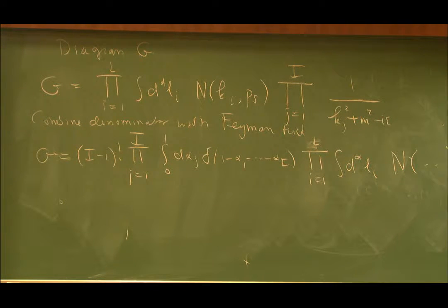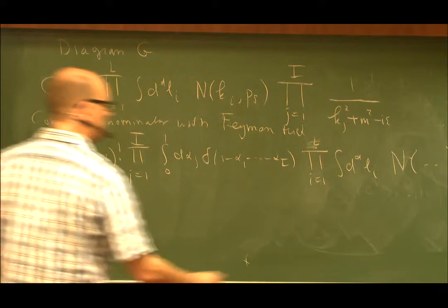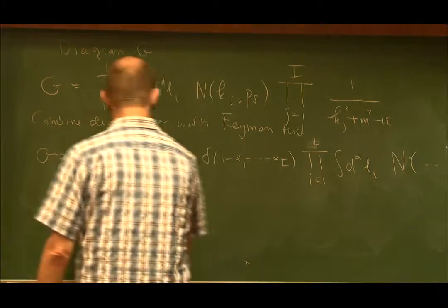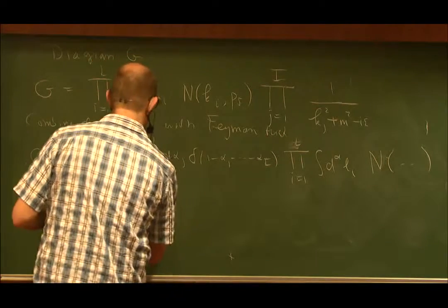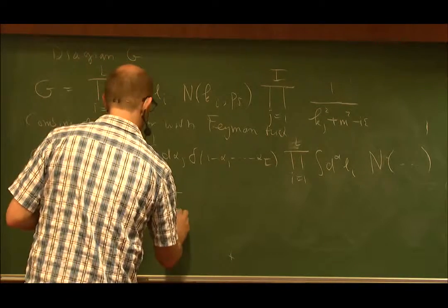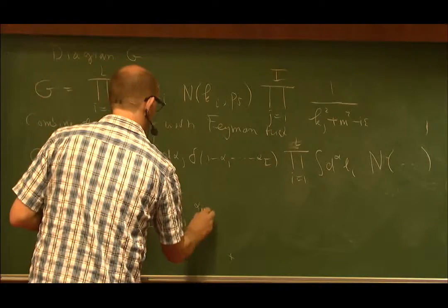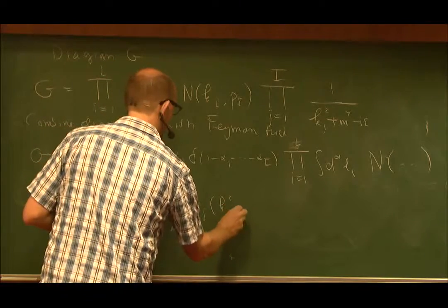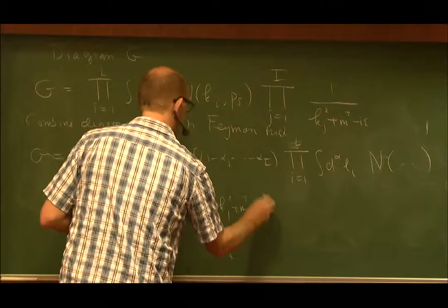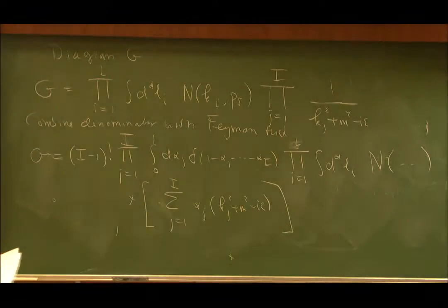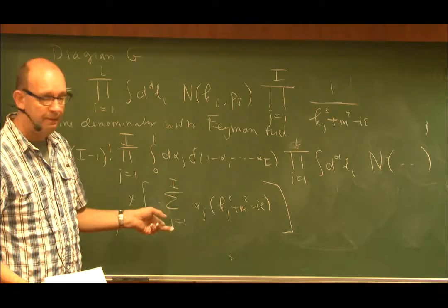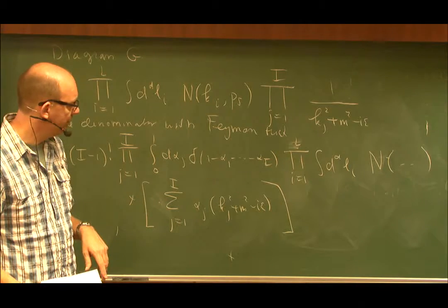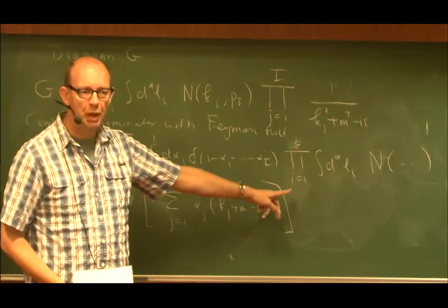Right, so far I'm missing one thing, of course, still. That is the combined denominator. So this times, well, let me write it immediately in a general form: the sum from j is 1 to I of alpha_j times k_j squared plus m squared minus i epsilon. So I take each of these denominators with its own Feynman parameter and sum them all up. Who remembers what the power must be?